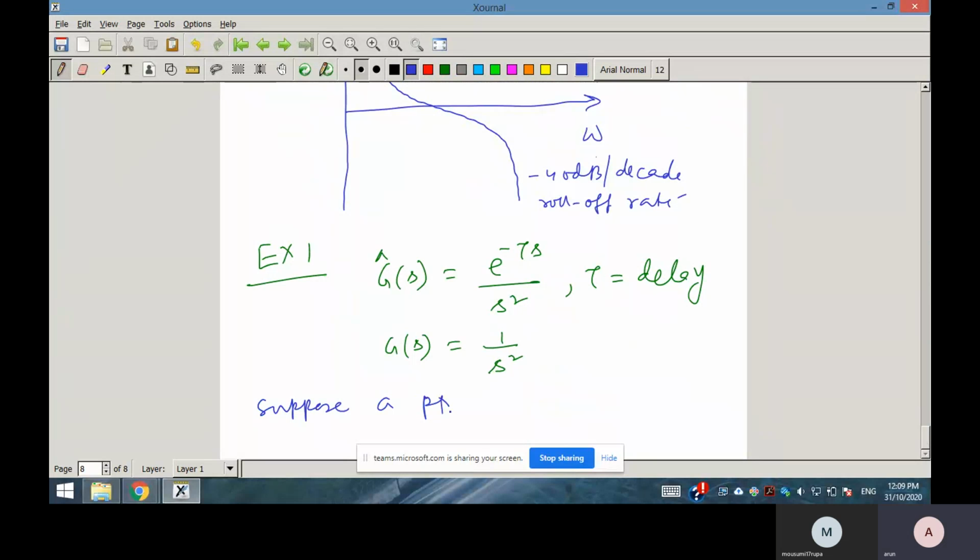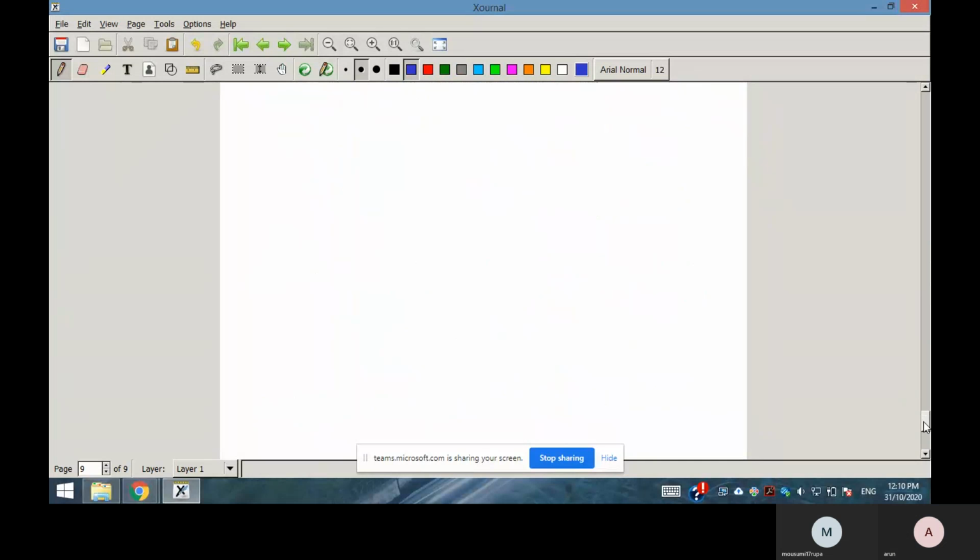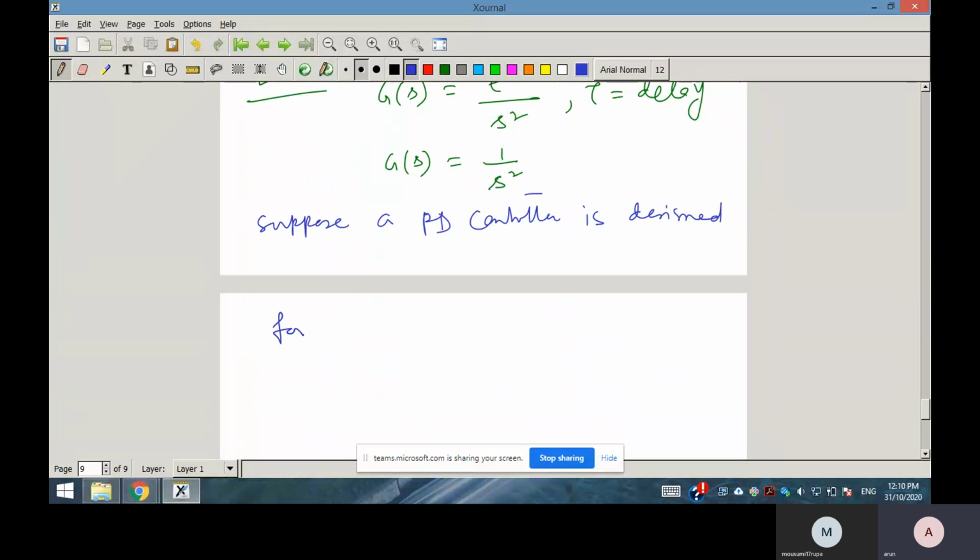Suppose a PD controller, K P plus K D s, is designed for G s to place the closed loop poles at s equal to minus 1, minus 2.